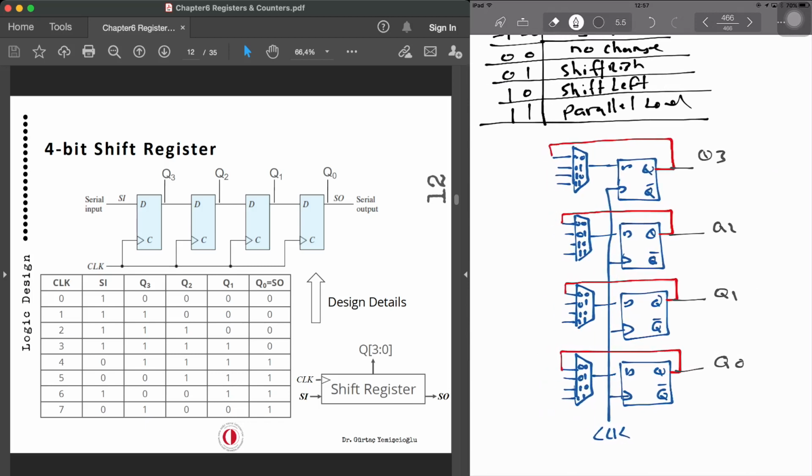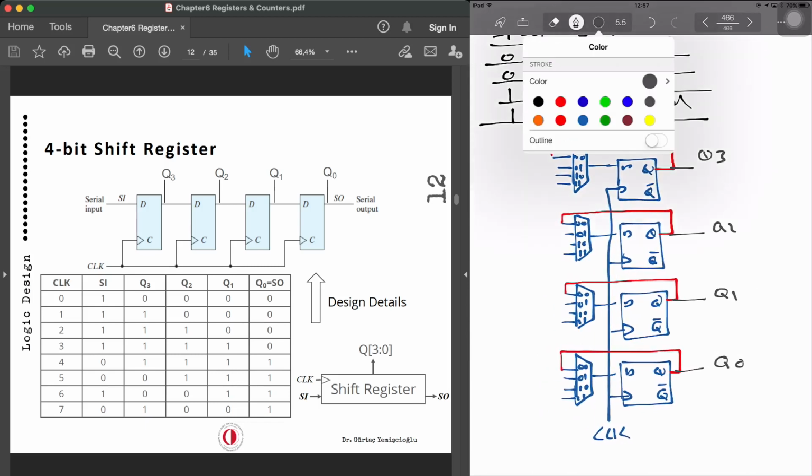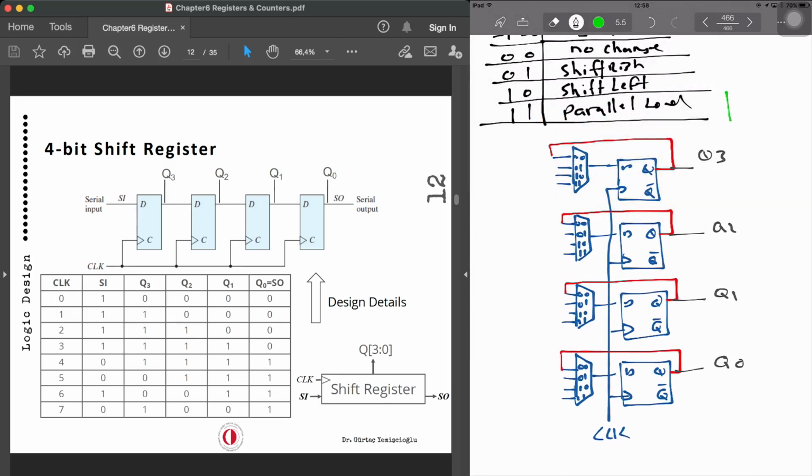So 3, 2, 1, 0. When we are shifting left, we are actually shifting from least significant bit to the most significant bit, shifting to the left.